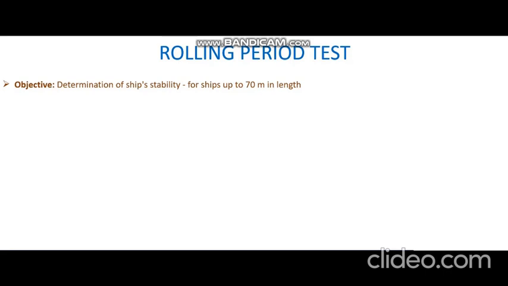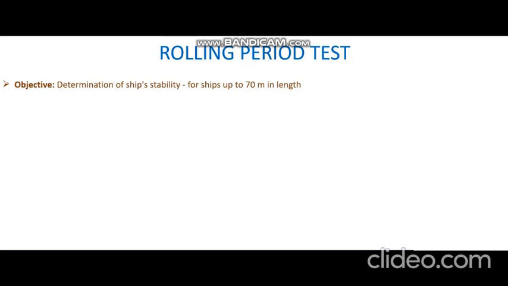Therefore, in that earlier code of intact stability, where there was mention of this rolling period test, it was said that it should be used only for small ships, and as a guidance they said up to 70 meters.